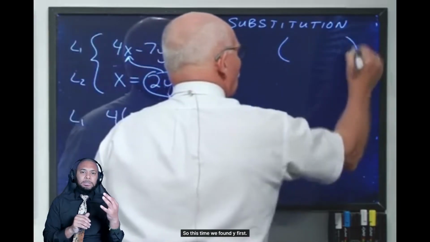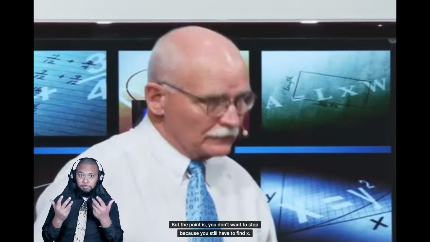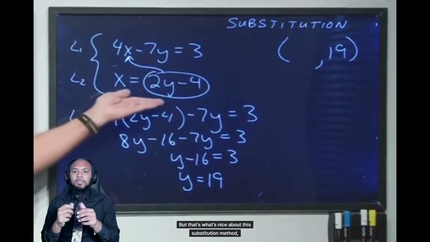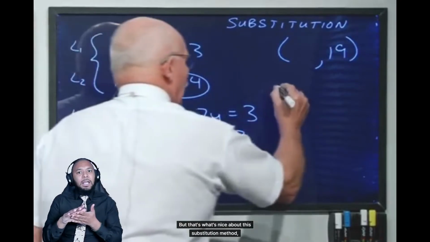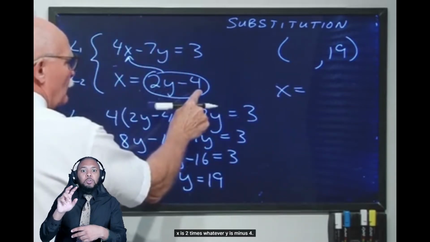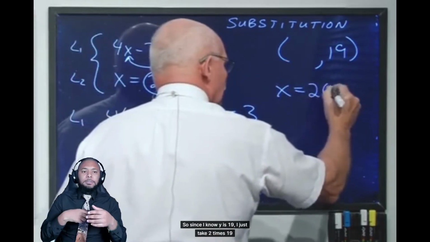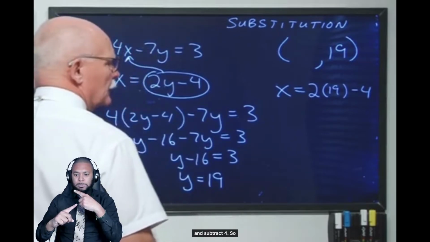So this time we found y first. But the point is you don't want to stop because you still have to find x. But that's what's nice about this substitution method. X is 2 times whatever y is, minus 4. So since I know y is 19, I just take 2 times 19 and subtract 4. Okay?